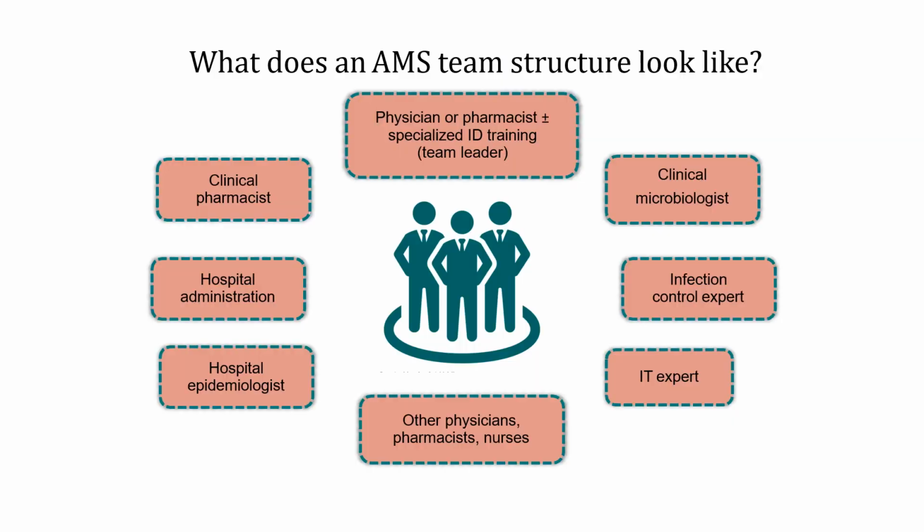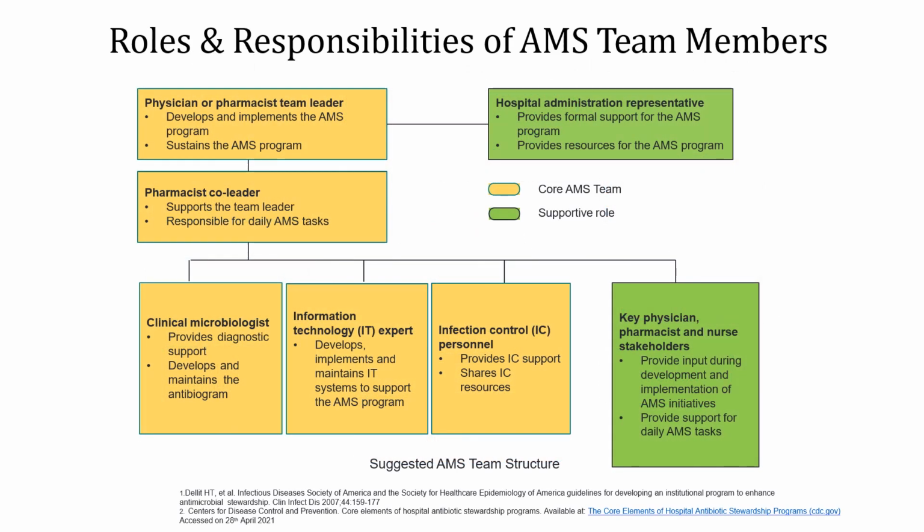Now, what does the team structure look like? It consists of physicians, including microbiologists, infection control experts, IT experts, pharmacists, and nurses, the hospital epidemiologist, hospital administration, and clinical pharmacists. The roles and responsibilities: the physician leader develops, implements, and sustains the AMS program.